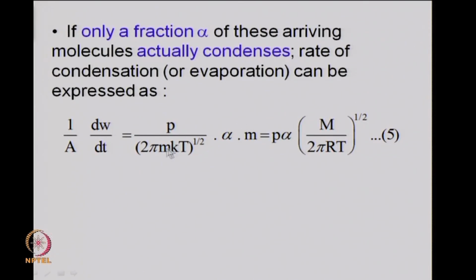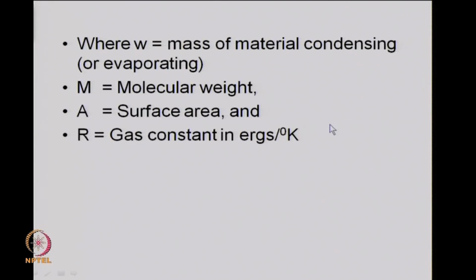First thing is, if m is taken underneath here, this root m cancels. So, we get P alpha root of small m by 2 pi kT to the power 1 by 2, and if you multiply numerator and denominator by Avogadro's number, small k times Avogadro's number is the universal gas constant, and small m into Avogadro's number is the molecular mass.